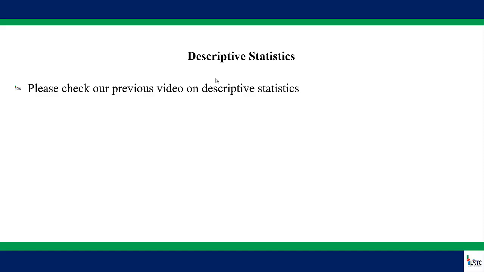If you want to know more about descriptive statistics, please go through our channel. We have already released a video on how to do descriptive statistics in Eviews and how to interpret the results. Kindly check our channel for a video on descriptive statistics.